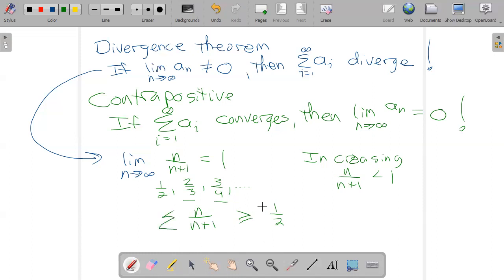Therefore, the sum of the left side is always bigger than or equal to the right side, especially because I'm letting n go from 1 to infinity. What do we get if we add up infinitely many 1/2s? Infinity. It still just grows forever. So this right here diverges.